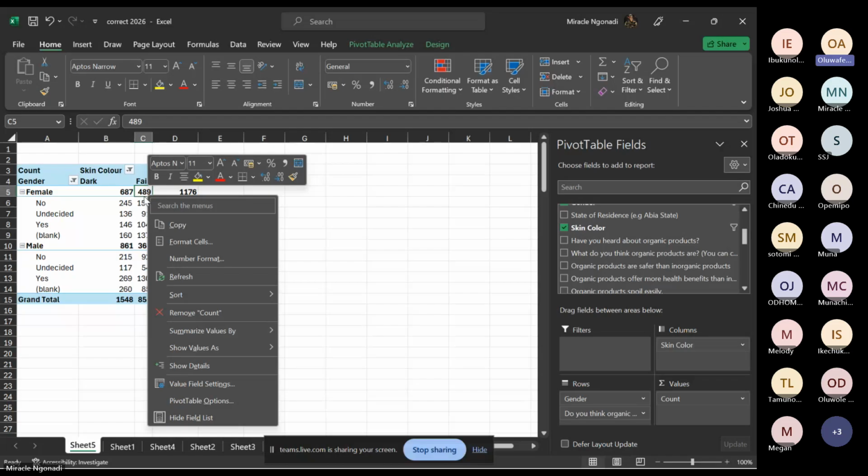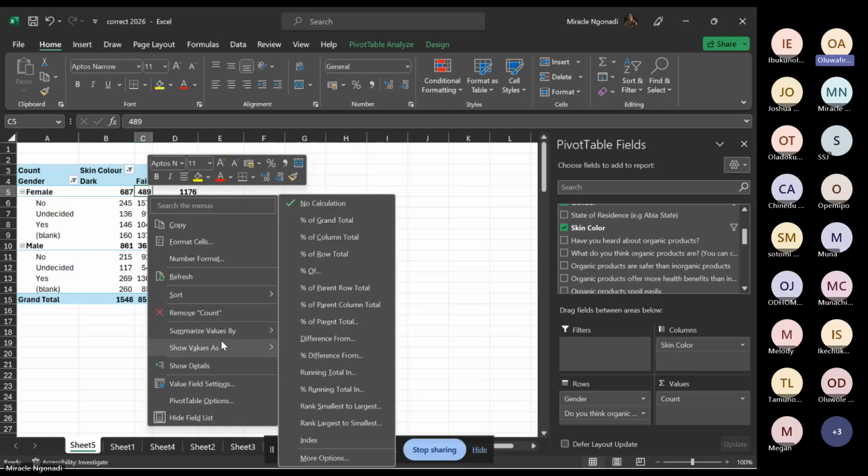Now you can see show value as, meaning how do you want these values to show? Do you want to use them as average? So you can see as a percentage of grand total. Percentage of grand total means I want these figures to show as the percentage of, I think we have over 2,000 people, right? The number of everybody that filled this form. That is grand total, meaning I want to know the percentage of how many people that say no out of all the 2,000.